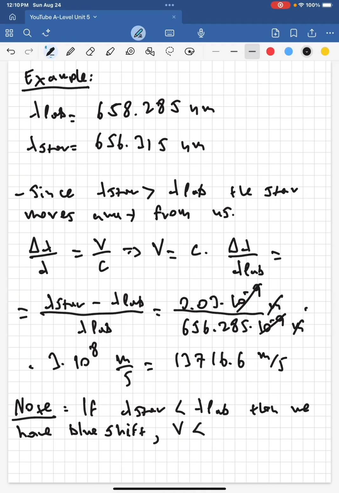The velocity will be negative, in the sense that this body, be it a galaxy or a star, moves towards us.